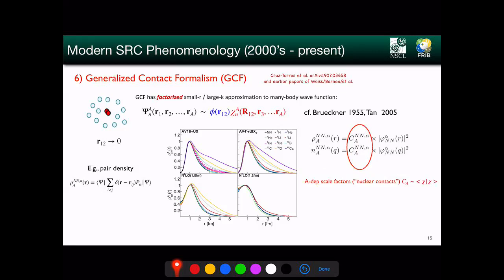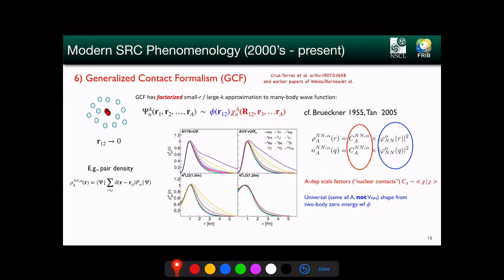And so these terms circled in red are related to these chi functions here. And they basically encode all the A-dependent many-body dynamics, and they're referred to as the nuclear contacts. And then the terms in blue explain why all these quantities have universal shapes for all nuclei.